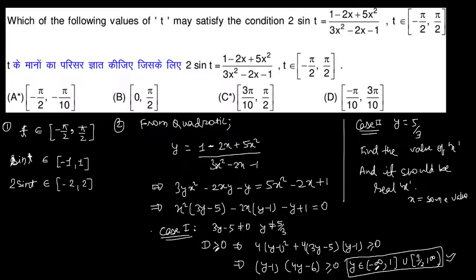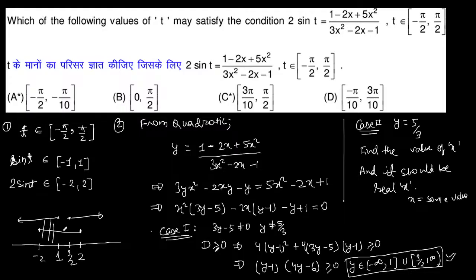This is the range and this is the range. Now we plot on a single line. This is minus 2 to 2 and this is minus infinity to 1, and 3 by 2 to infinity.